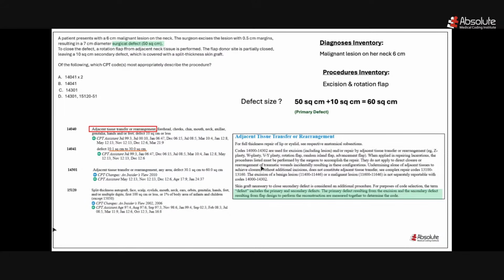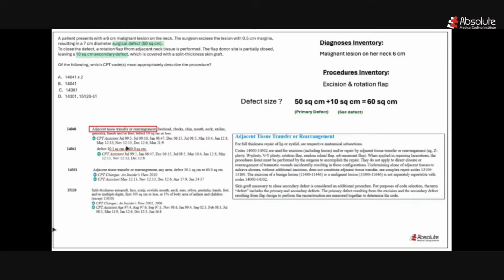Okay, so here we go. We had a primary defect of 50 square centimeter, and you can see to close the defect, a rotation flap from the adjacent neck tissue is performed. The flap donor site is partially closed, leaving an additional 10 square centimeter, and that is your secondary defect.